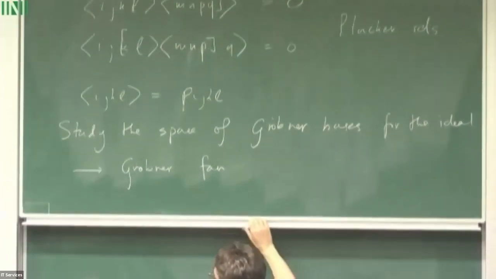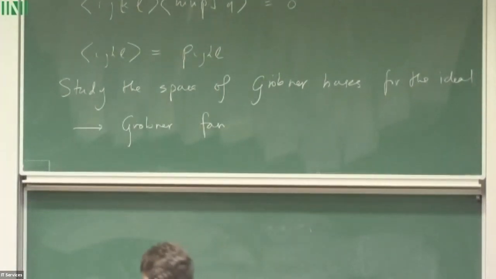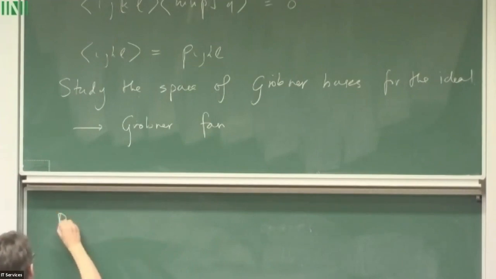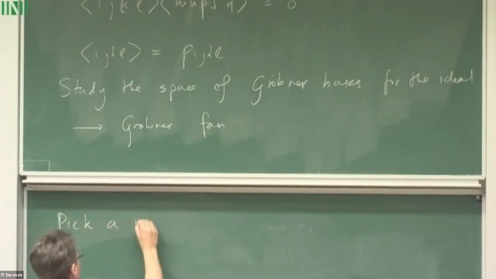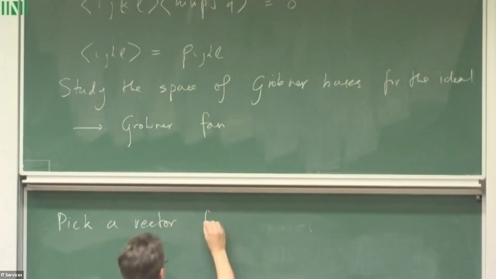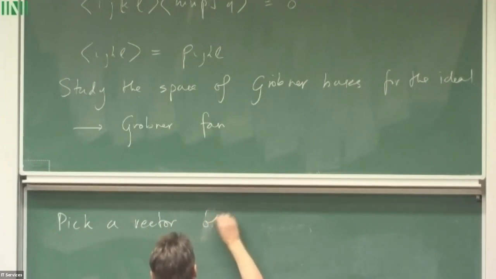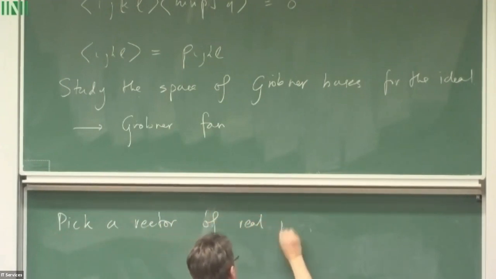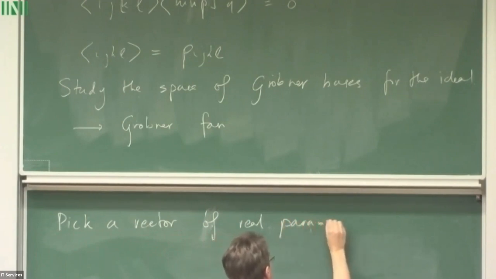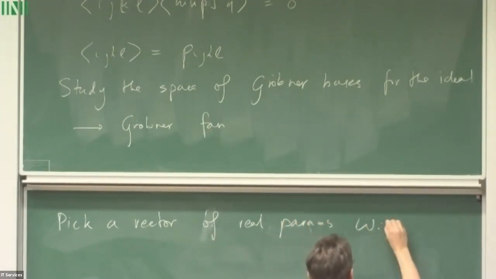So what do you do? You pick some vector of real parameters. Let me call it W_ijkl, for the weights that I'm going to rescale each of these Plückers by.